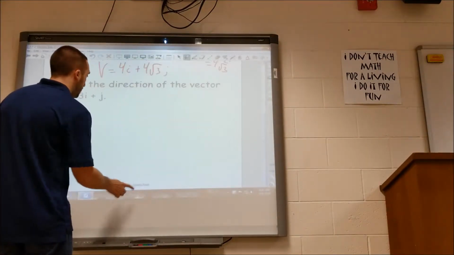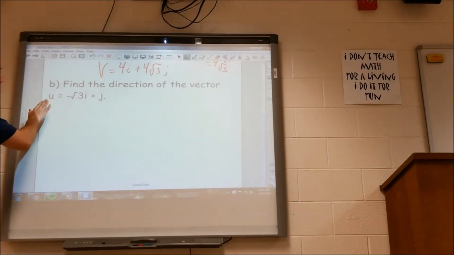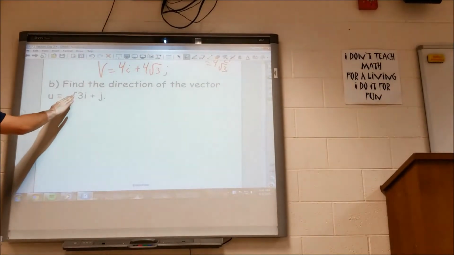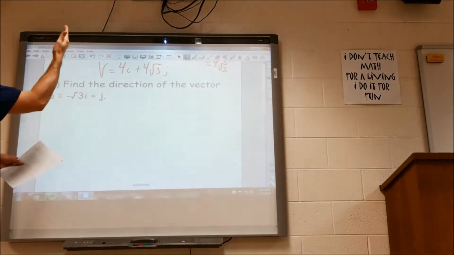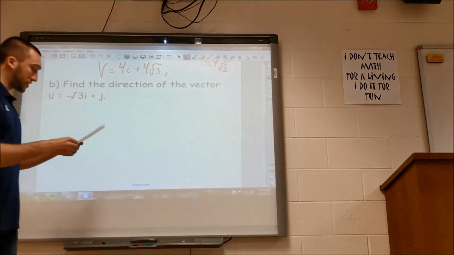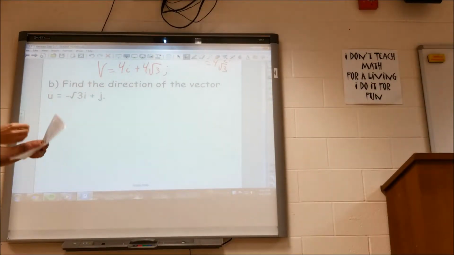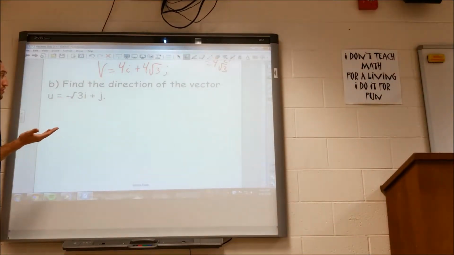Next part of the problem asks us to find the direction of vector U given the horizontal and the vertical component. So we can go ahead and use our definition up above. So the first thing we're going to need to do is I would draw the vector so you can kind of see what you're looking at.